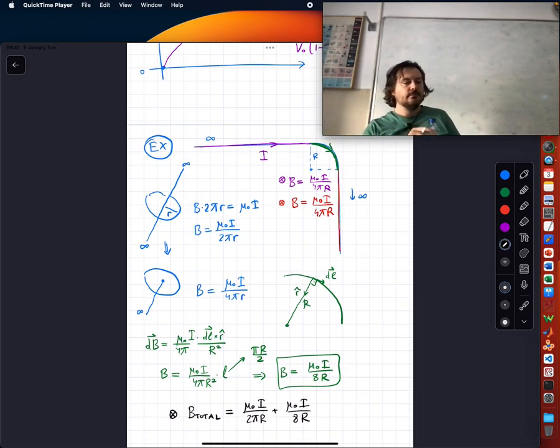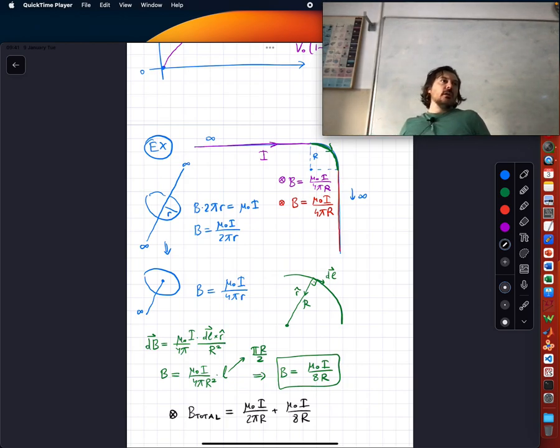I'm always confused about the dl cross r. Is there any easy way to find it out? This is easy for this question, but in some cases maybe not.